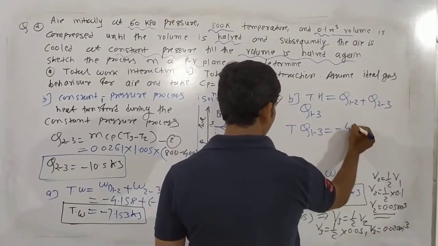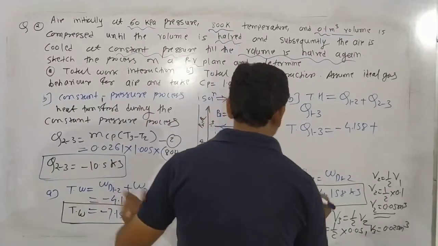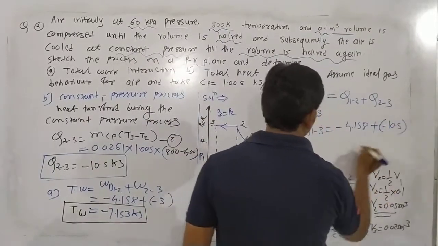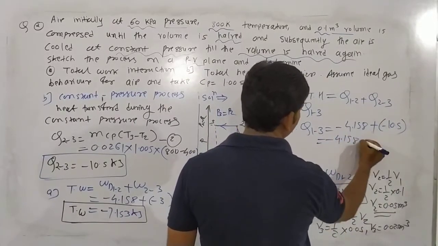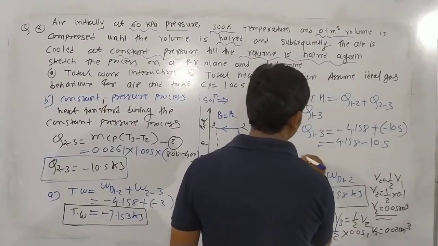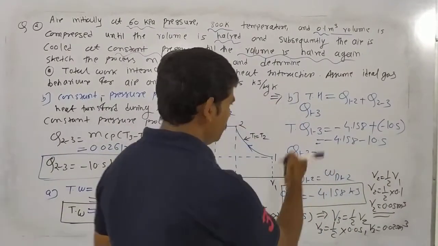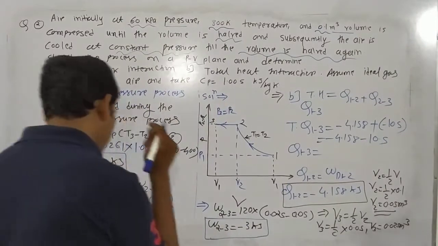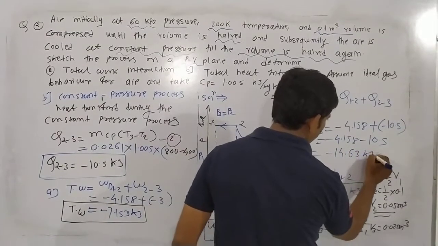Minus 4.158, plus this is also minus 10.5. So how much heat transfer total? Do the calculations. Minus 14.63 kilojoules.